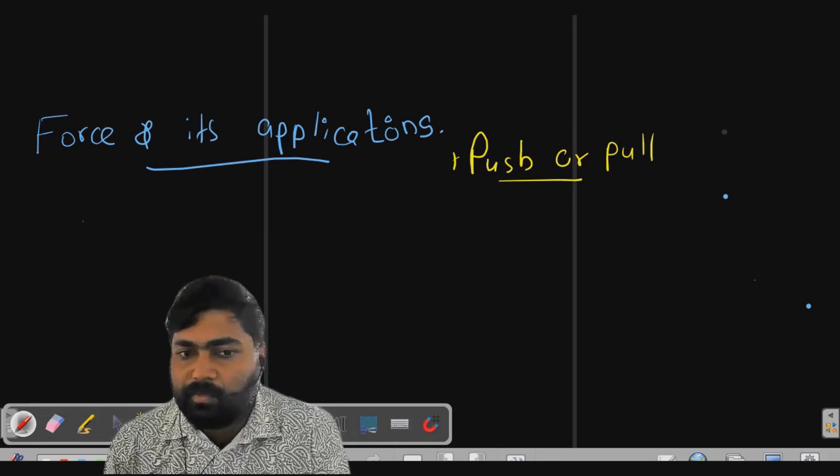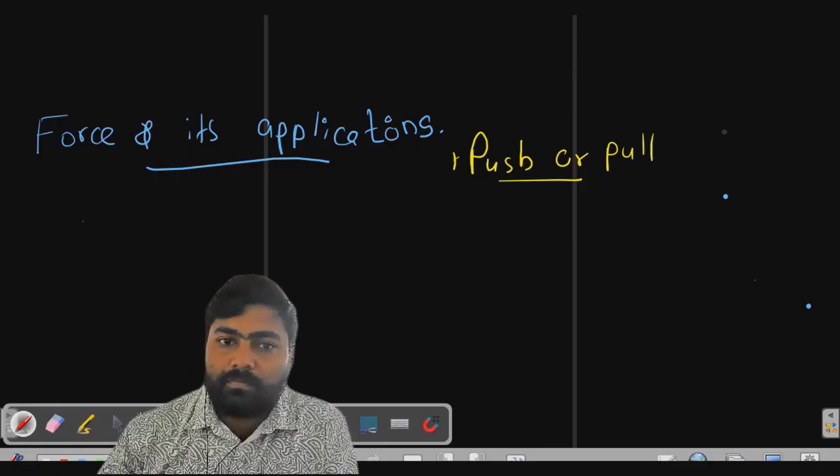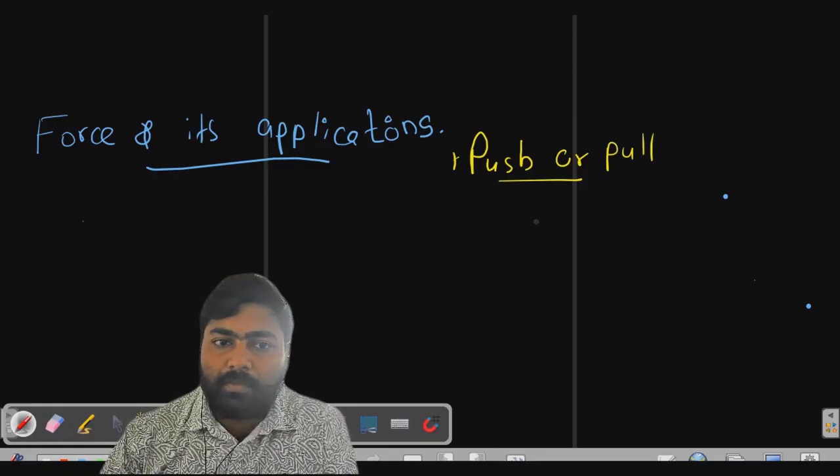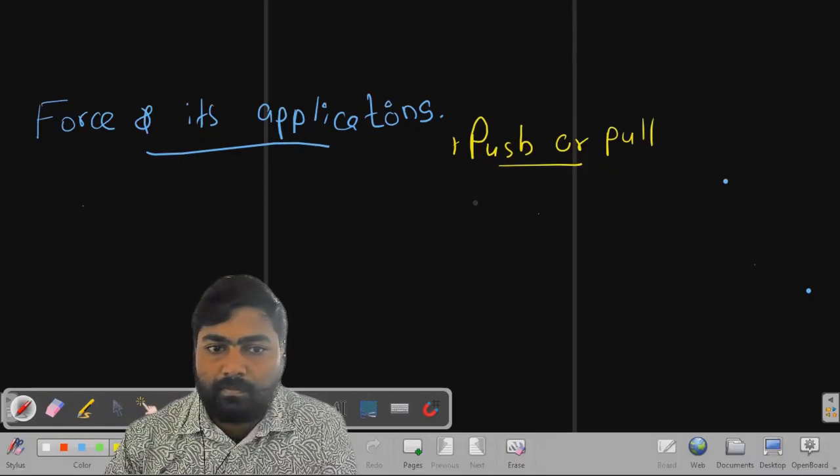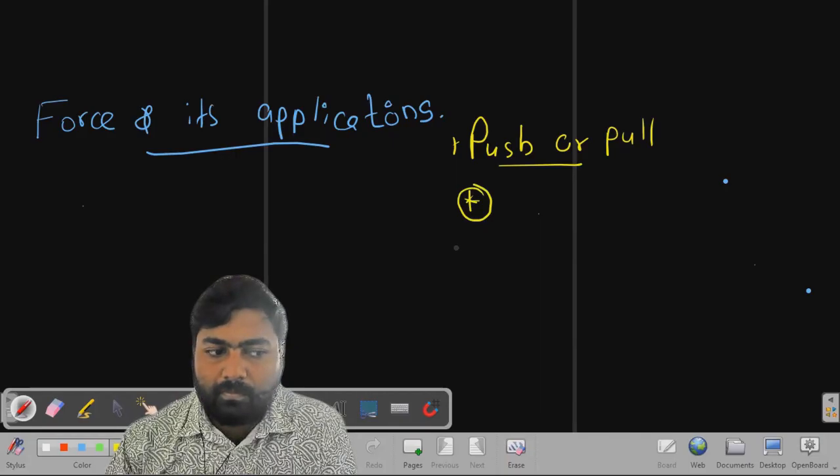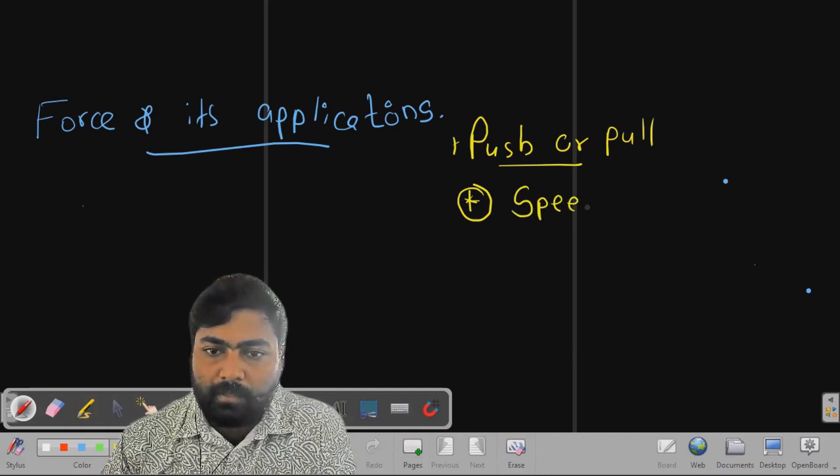So, what will be our observation when we apply force on a moving object? What are the things we can see? It can increase its speed.